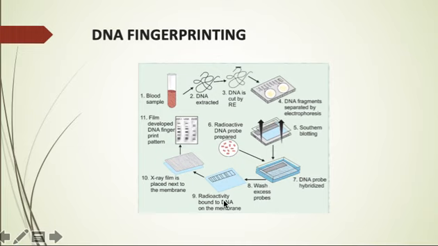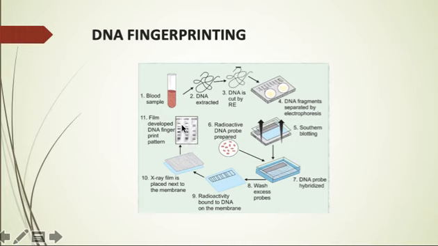Then the radioactivity bound to the DNA on the membrane can be seen, and an X-ray film is placed next to the membrane. Then the film is developed and the DNA fingerprinting pattern is obtained here, and it can be read and identified.